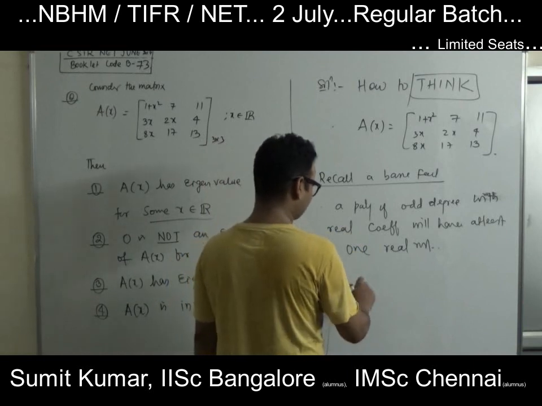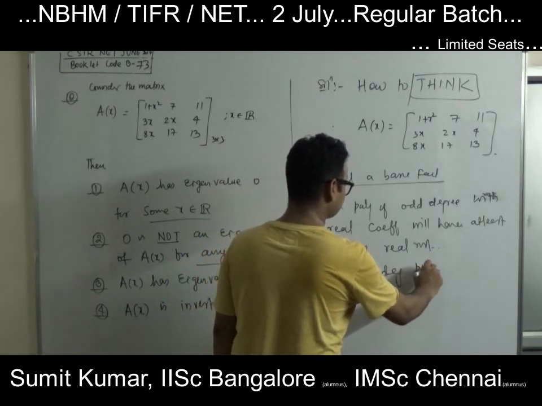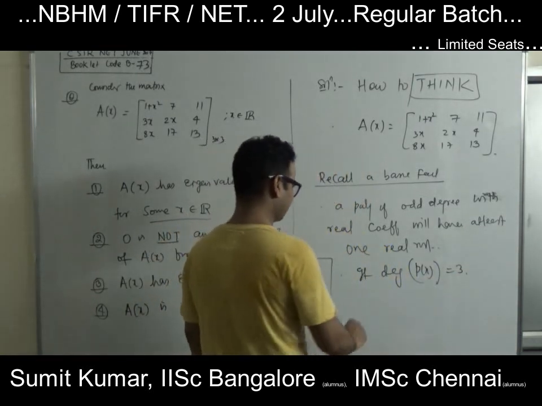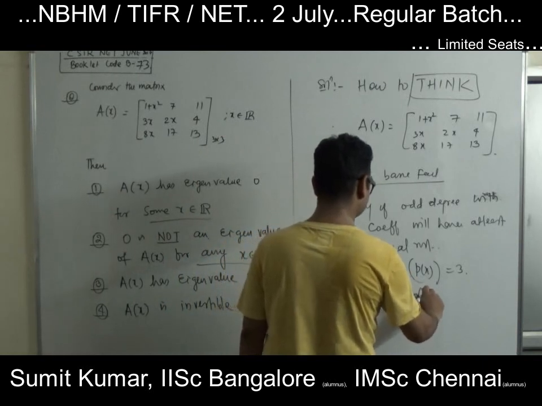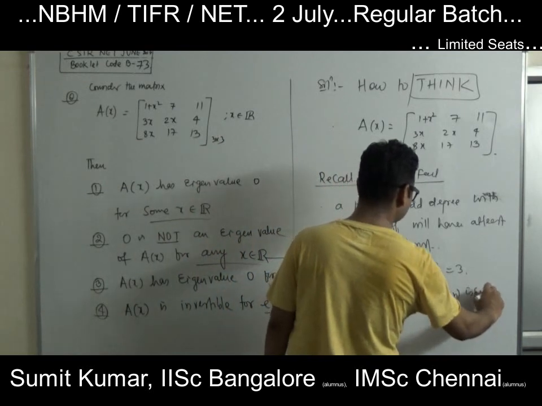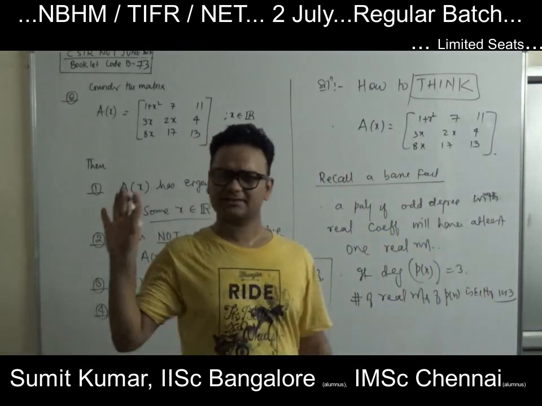So if the degree of your polynomial p(x) is equal to 3, then the number of real roots of p(x) is either 1 or 3. I am considering all coefficients to be real.